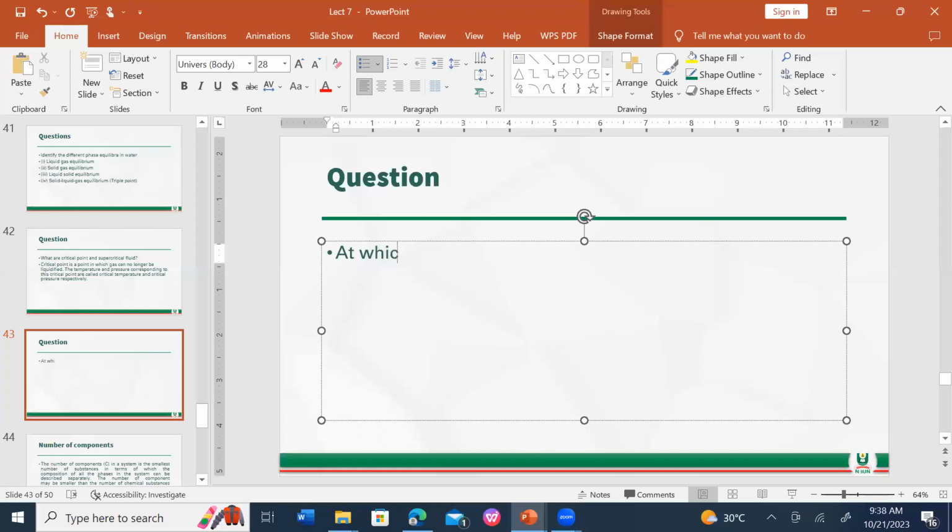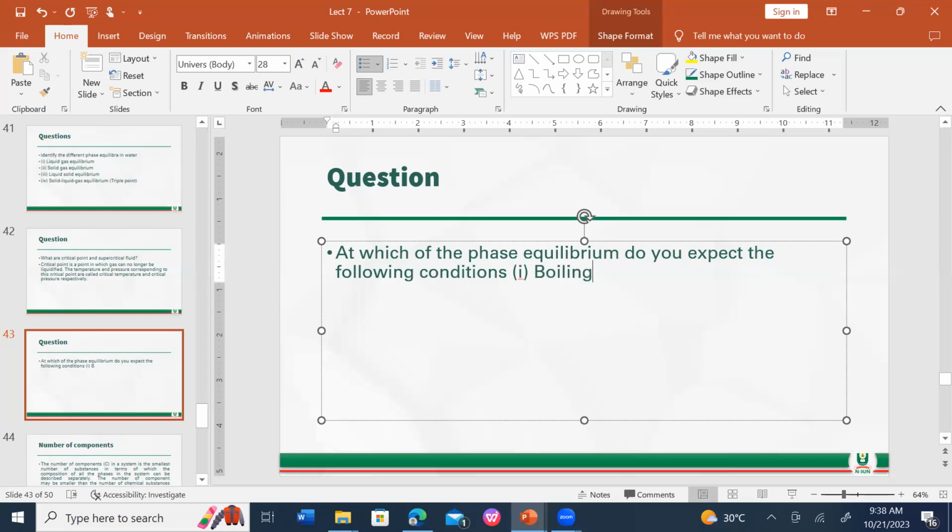At which of the phase equilibria do you expect the following conditions to be met? One is boiling point.